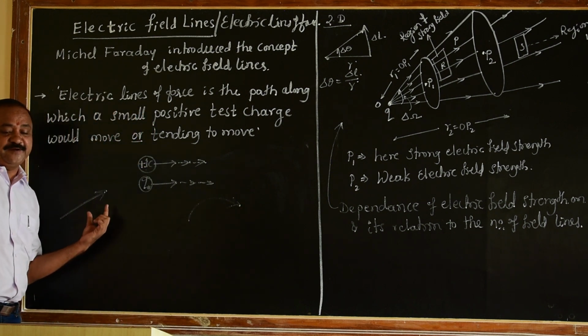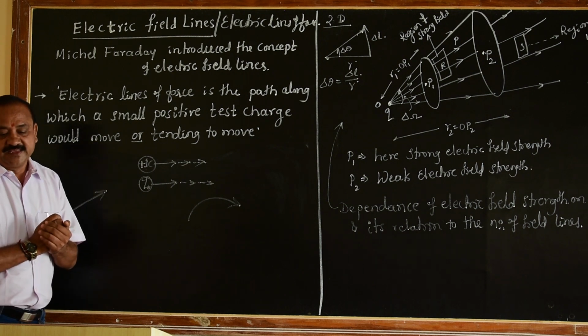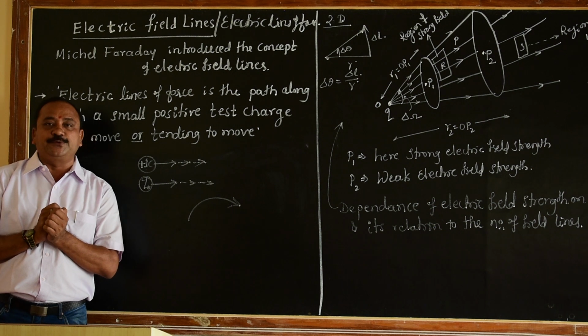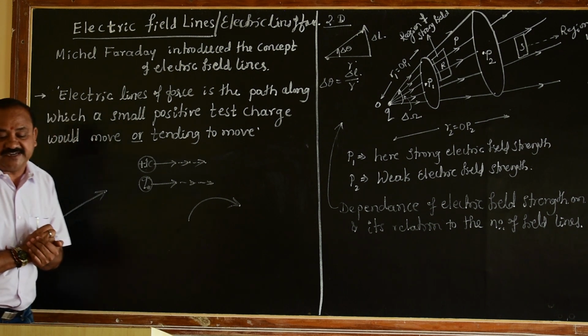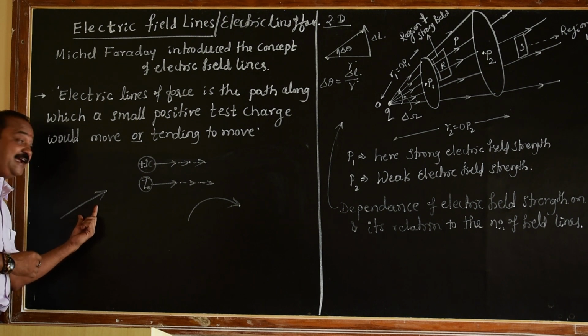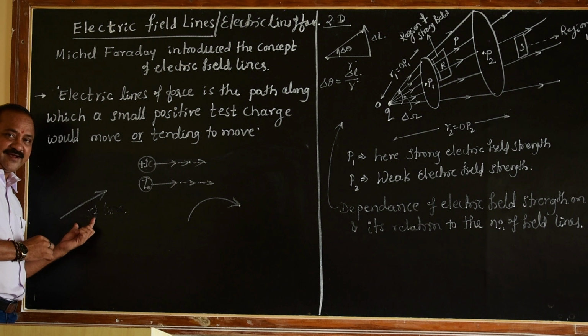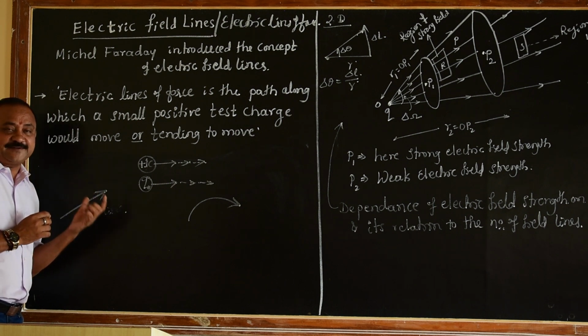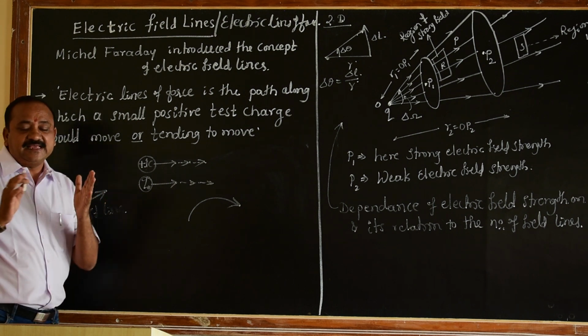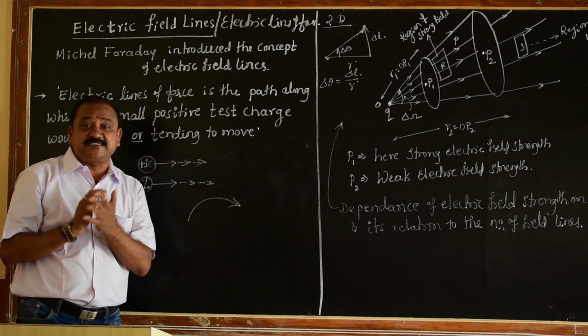Electric field lines must be straight lines when the electric field is due to an isolated point charge, a single charge.